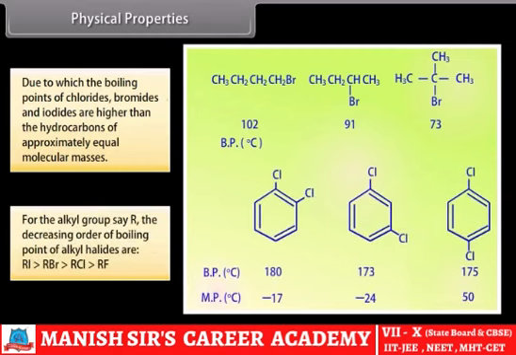For the alkyl group, say R, the decreasing order of boiling point of alkyl halides is RI, which has the highest boiling point, followed by RBr, then RCl, and then RF.